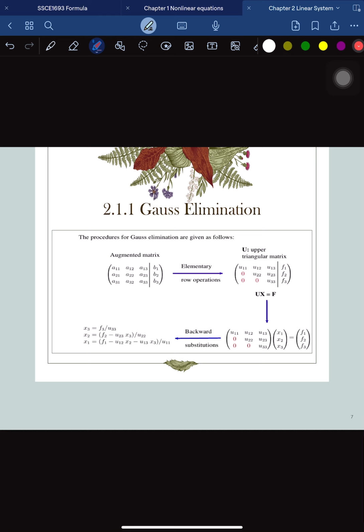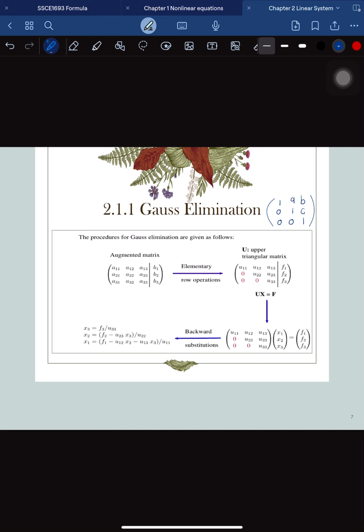First, Gauss elimination: put your matrix in terms of an augmented matrix, then apply the ERO, elementary row operations, until the diagonal is 1 and below the diagonal is 0, with a, b, c being any numbers.